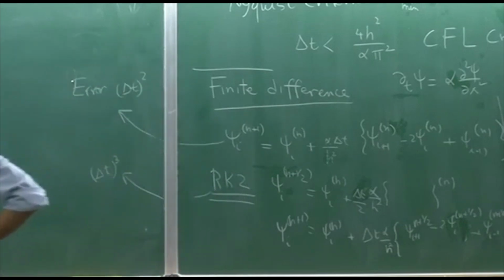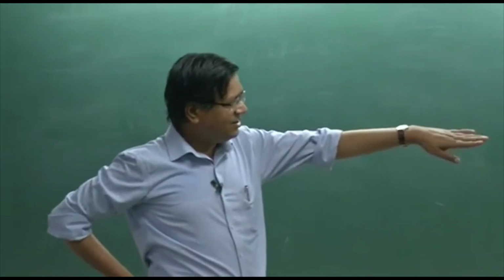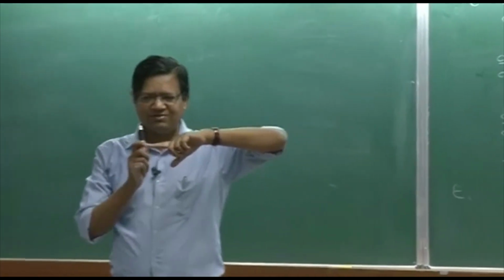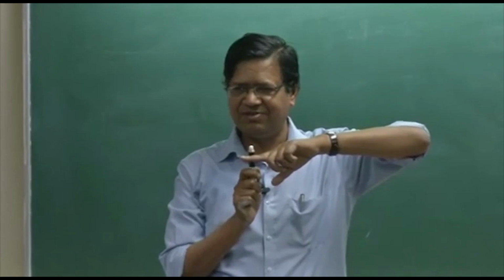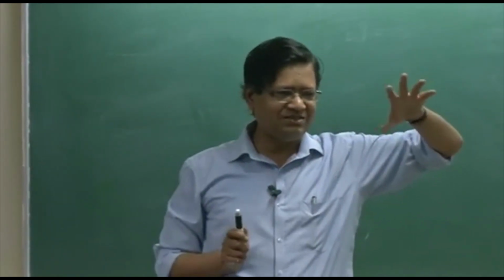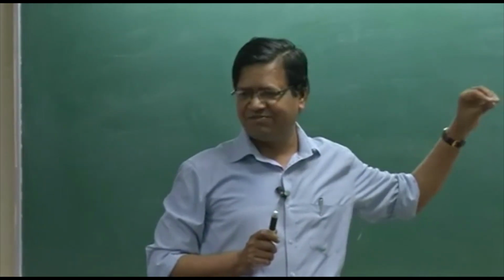So this is what we did before. So for the Euler scheme, error is delta t squared, and Runge-Kutta is second order accurate, so error is delta t cube. So here the equation was a diffusion equation. We needed to worry about stability as well as accuracy. Okay, stability is critical. So what we studied for ODEs, we need to worry about for PDEs as well.